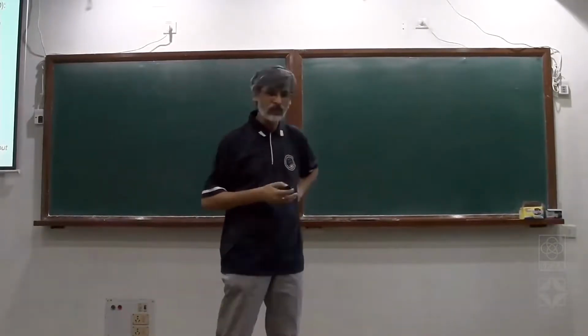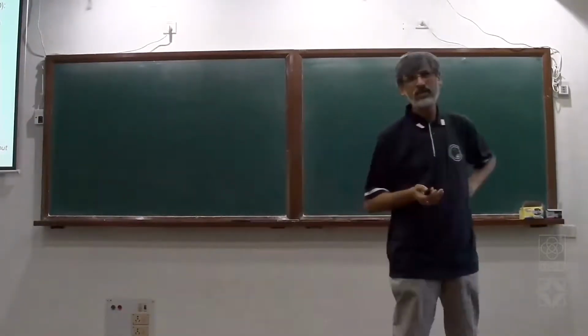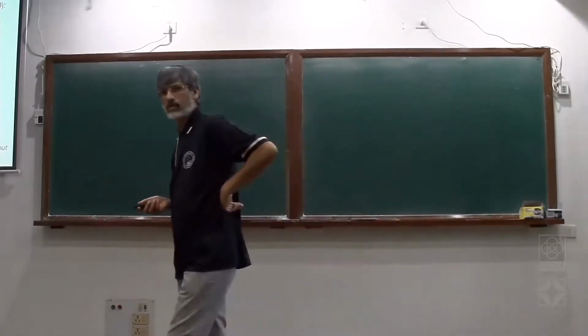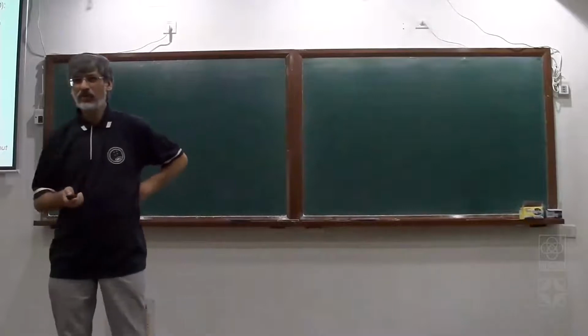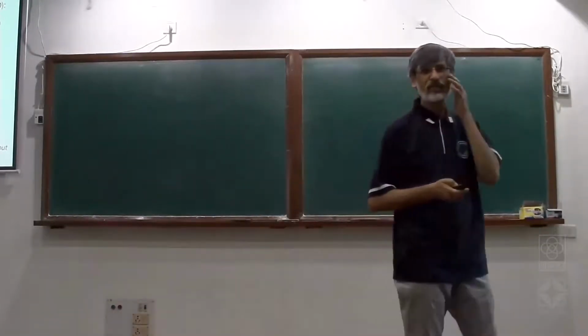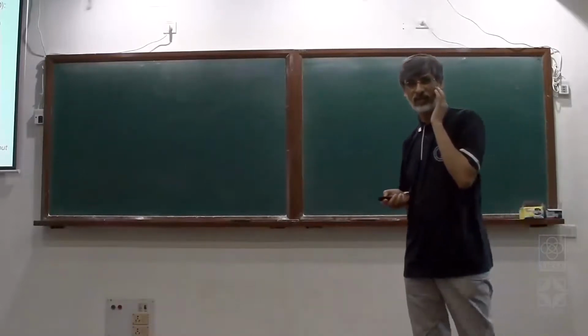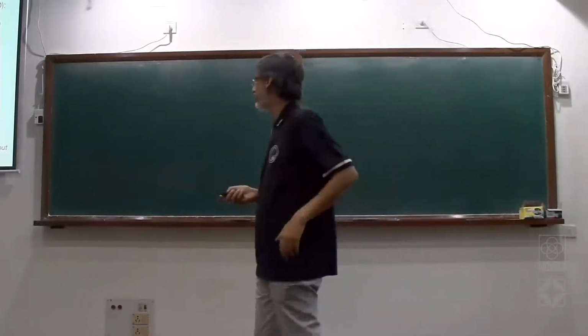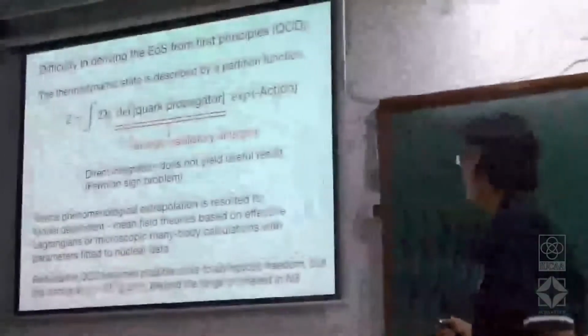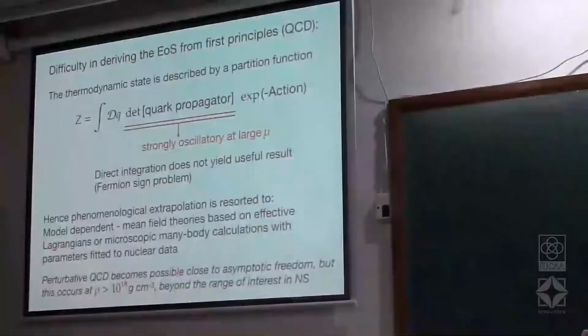So no equation of state will reach 10 to the 18 grams per cc at the center. It will not give you a stable star. Is that clear? So this is the problem. So that is why we have all these uncertainties.